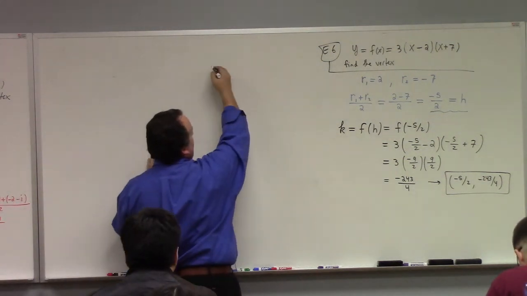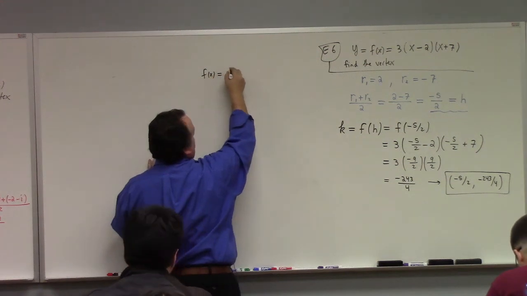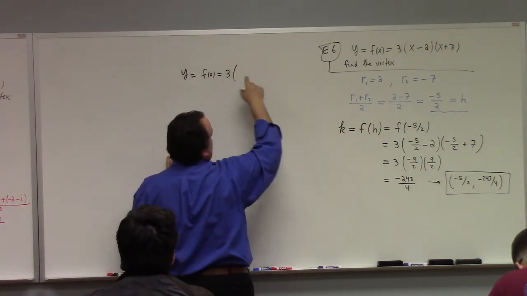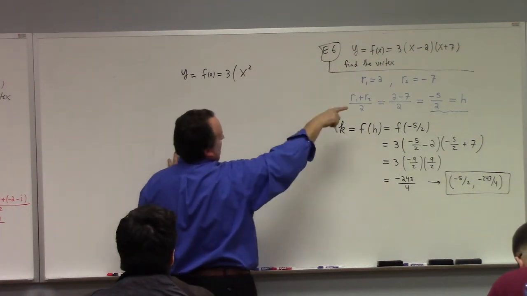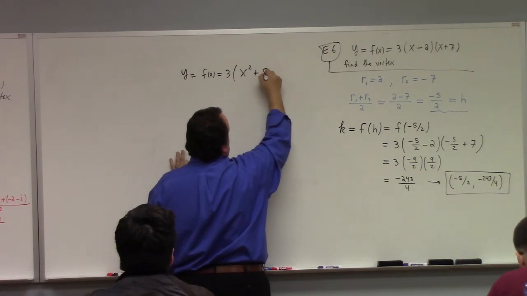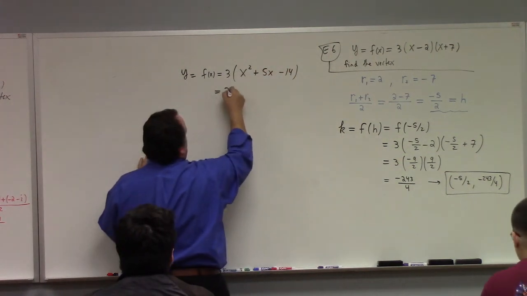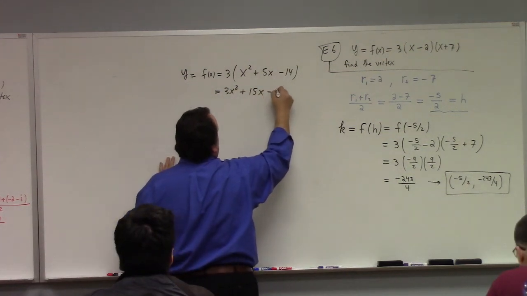I say, instead, I'm going to look at y equals f of x, which is, in this case, 3 times, multiply it out, yeah? X squared. I got a minus 2x, a plus 7x, so I get a plus 5x as I FOIL it out, minus 14. So that gives me 3x squared plus 15x minus 42.